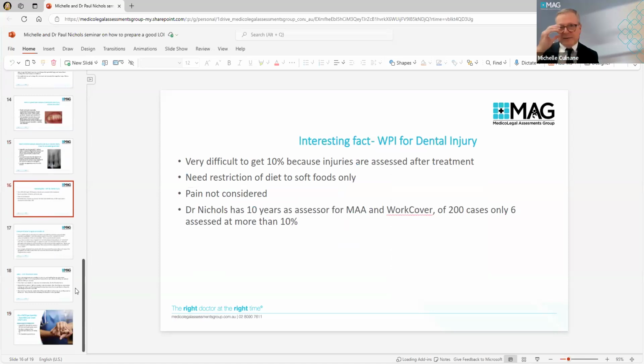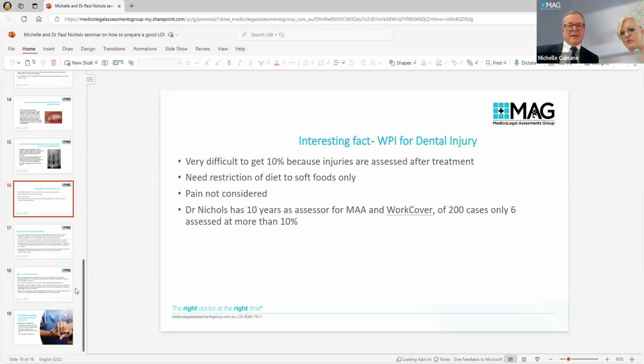Oh yeah, WPI, whole person impairment. It's very difficult to get any compensation because the WPI has to be assessed after treatment is complete. So most patients are returned to pretty much near normal.